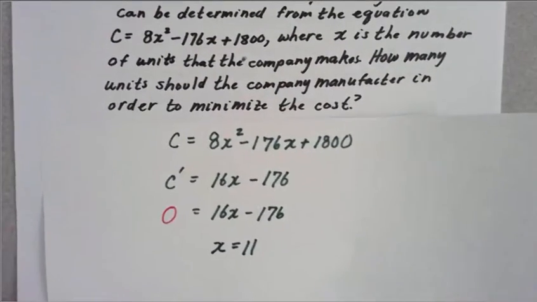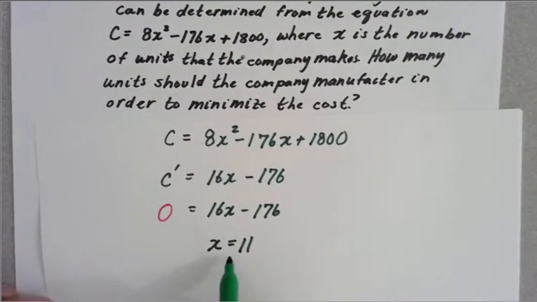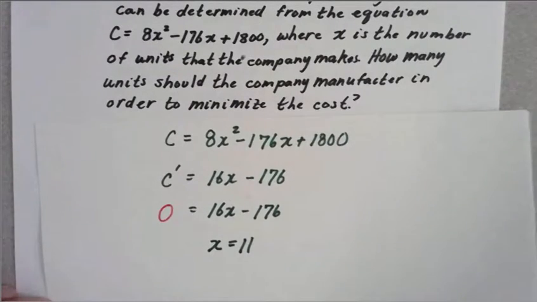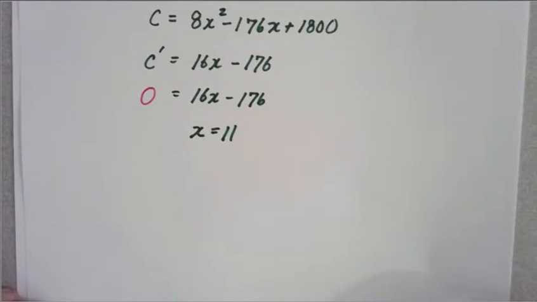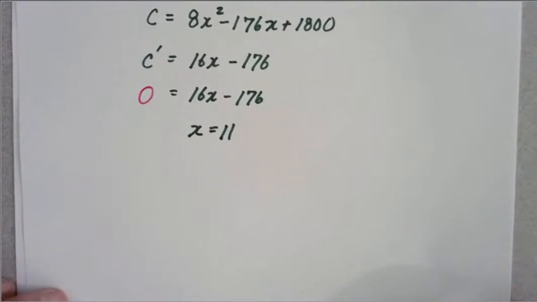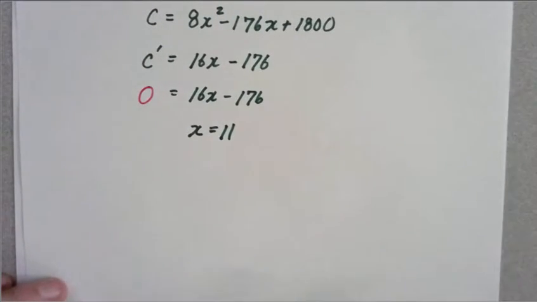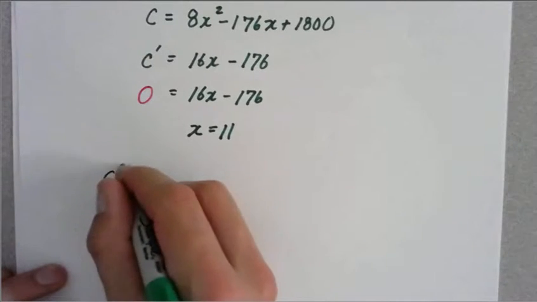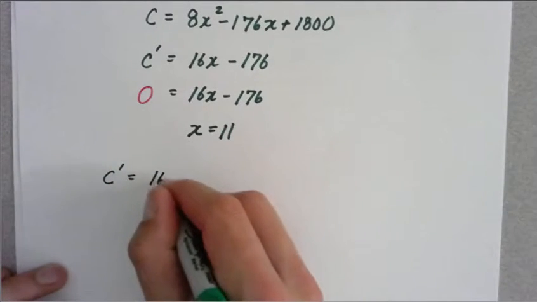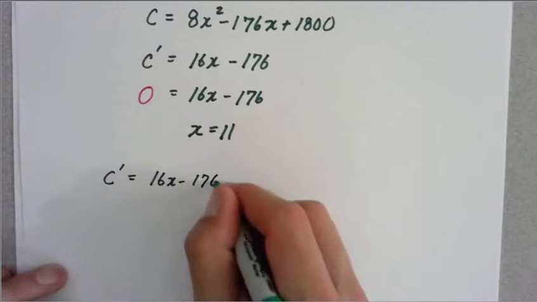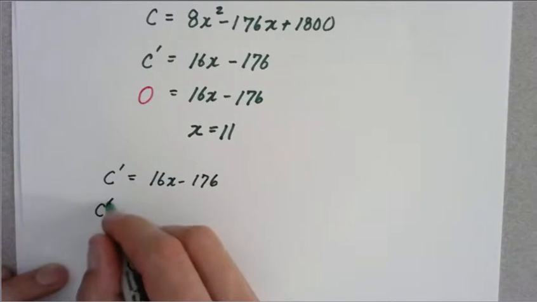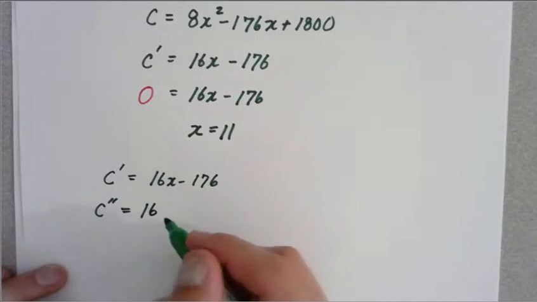We have to determine now if this value, the number of units we're going to manufacture, is actually a minimum. To do that, we need to look at the second derivative. C prime is 16x minus 176, so the second derivative is 16.